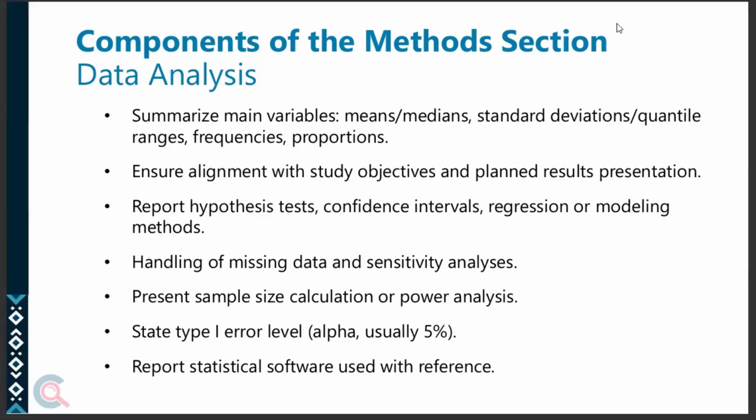Report hypothesis testing, confidence intervals, regression or modeling methods, how handling of missing data and sensitivity analysis was done, and also present sample size calculation and power analysis. State the type 1 error level that was used and report statistical software used with reference.